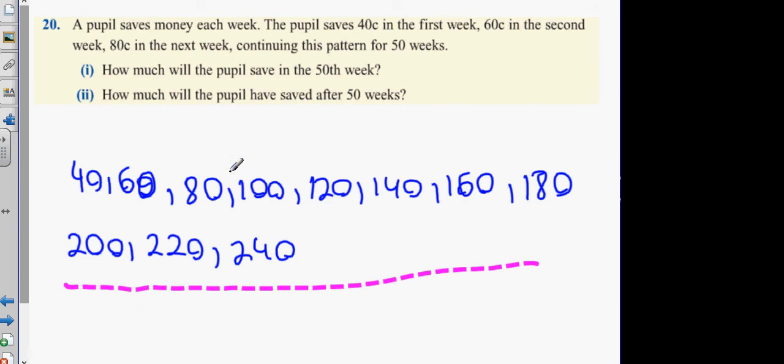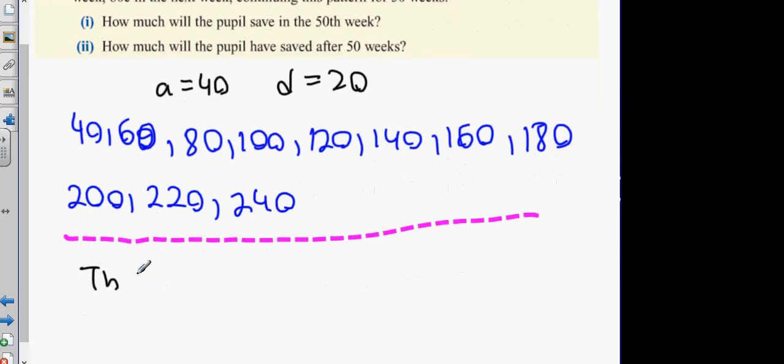Now, what we know is a equals 40, because 40 is the first term. d equals 20, because that's the difference to the next term. So what we can find is the T of n formula: a plus n minus 1 times d.